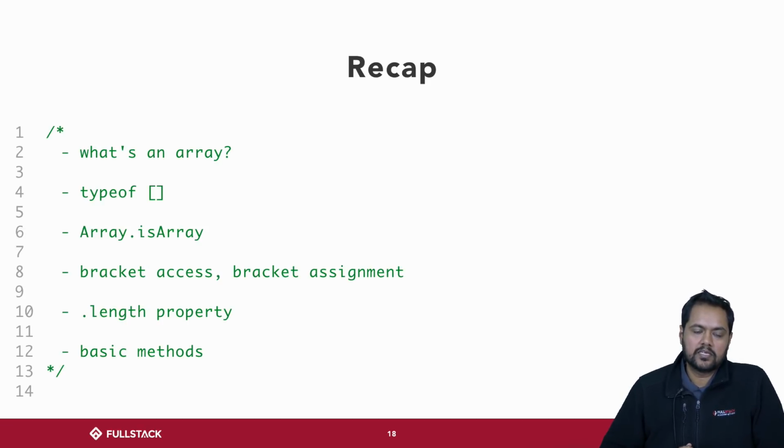We also looked at using the .length property to know how long the array is, and to get the last element of the array. Then we talked about a bunch of useful methods you can use on arrays. You'll find that arrays are extremely useful and extremely common in JavaScript. They're used all the time, and getting comfortable with arrays is pretty helpful.